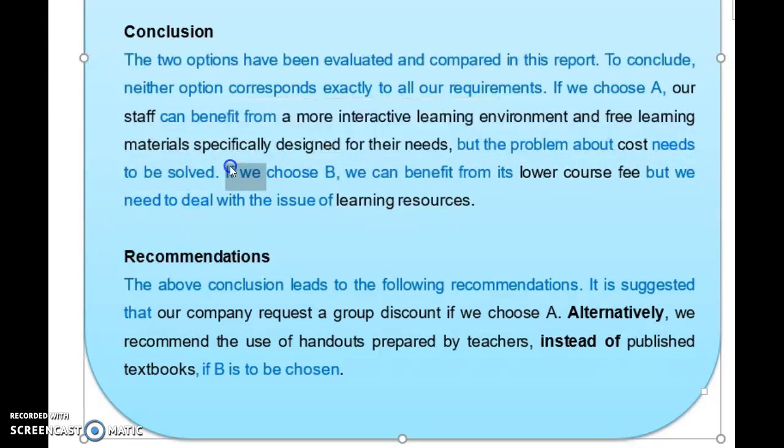And for B, this is the summary of the benefit your company will gain if the company chooses B. And then this is the area that you need to deal with. That is the learning resources.